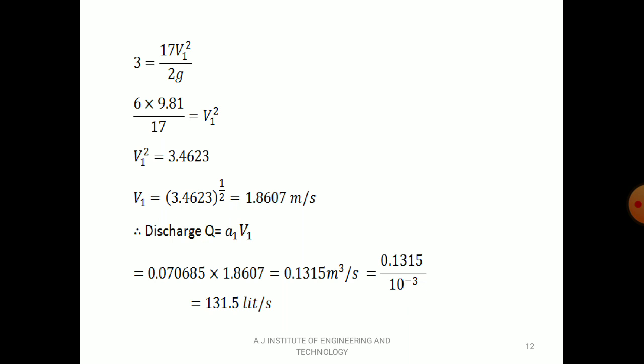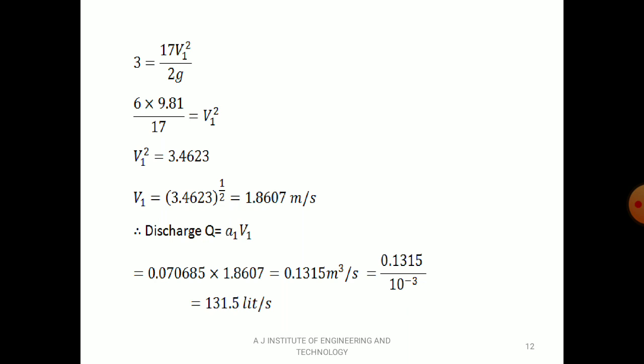So for conversion from liter per second to meter cube per second, you multiply it by 10 to the power minus 3. So in order to get reverse, that is meter cube per second to liter per second, you have to just divide by 10 to the power minus 3. So it goes to the numerator and becomes 10 to the power 3. So we get value of Q as 131.5 liter per second. Or you can keep in meter cube per second, that is 0.1315 meter cube per second.